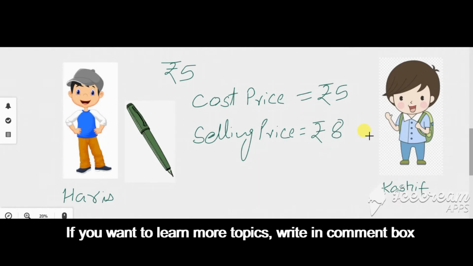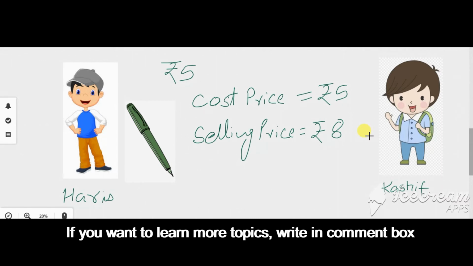Now what have you understood? The cost price means the price of the pen when he purchased it, and now when he is selling he is getting rupees 8. Now you tell me, for Haris, is he getting profit or is he getting loss? Yes, obviously he is getting profit because he bought it for rupees 5 and he is selling it for rupees 8.